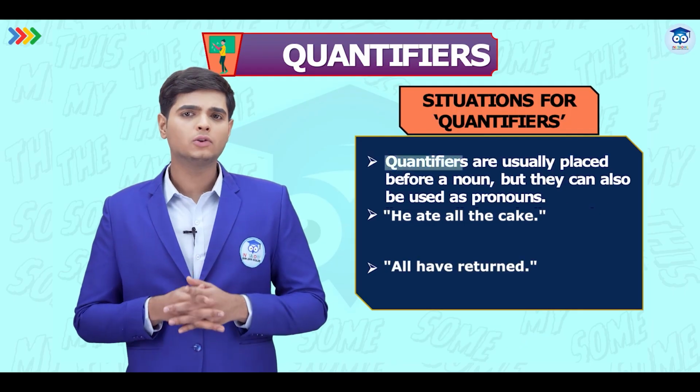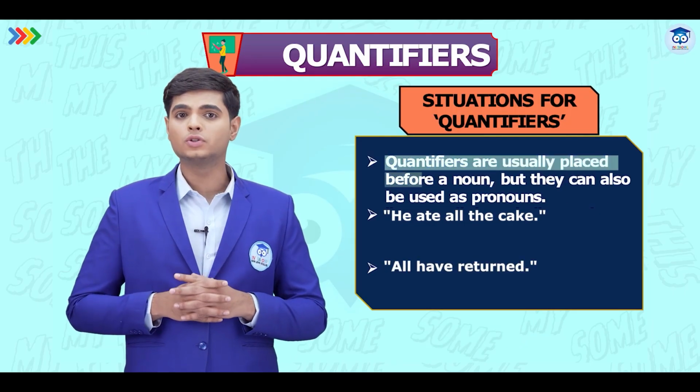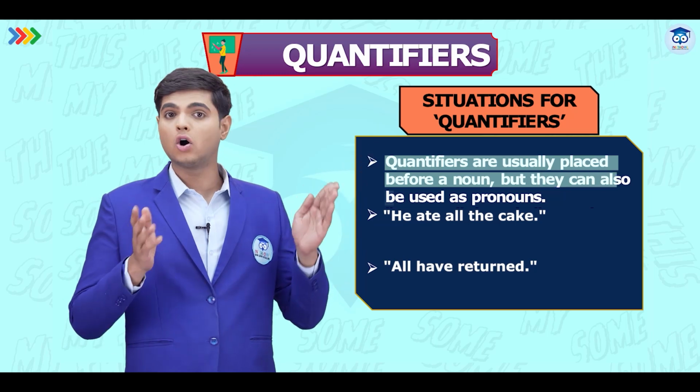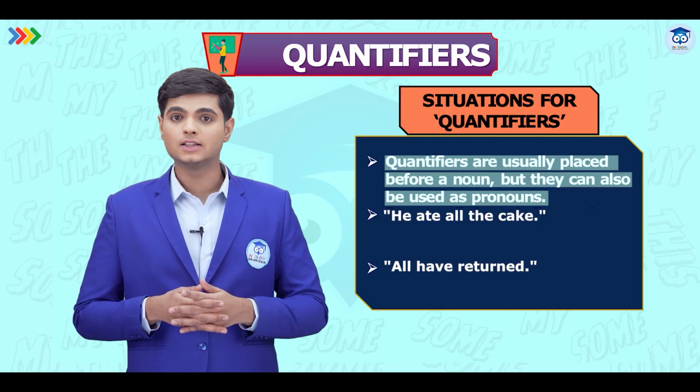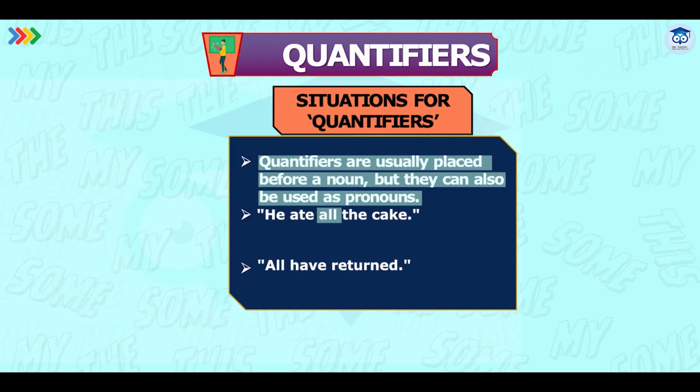Students, remember that quantifiers are most often used before a noun, but they can also appear on their own as pronouns. For example, in the sentence, he ate all the cake, all acts as a quantifier before the noun cake. But in all have returned, all is used independently as a pronoun, and the meaning remains related to quantity.